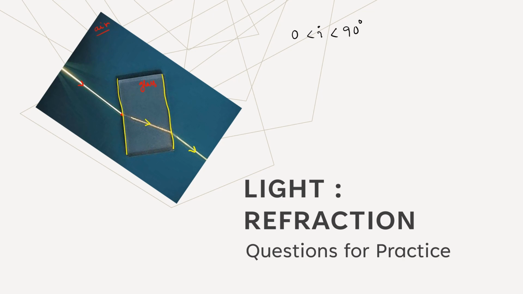Here I am indicating i as angle of incidence, and the angle of incidence on the boundary, that is the interface, should be between 0 to 90 in order to observe refraction. So you can observe that light travels in a straight line until it passes through the interface obliquely. So with that knowledge, let's try to solve the questions over here.